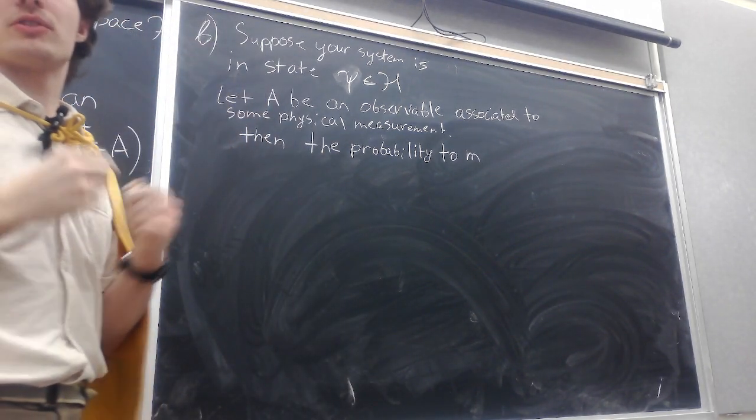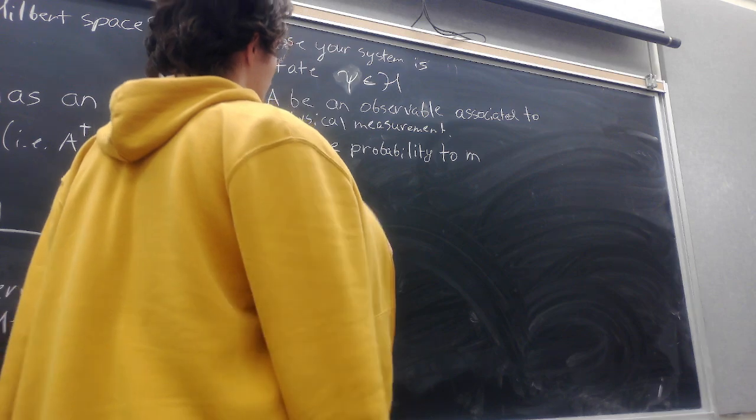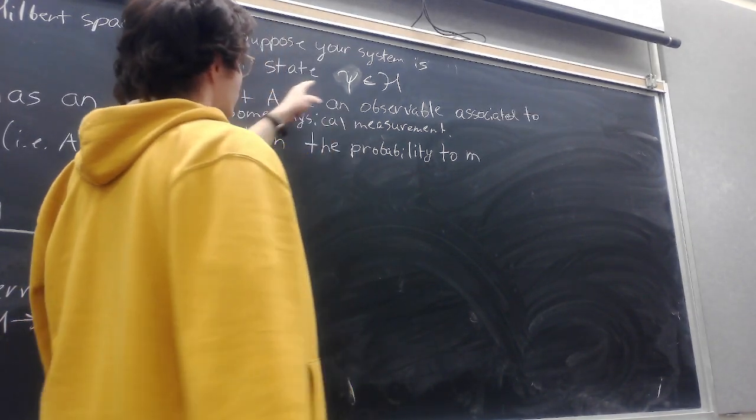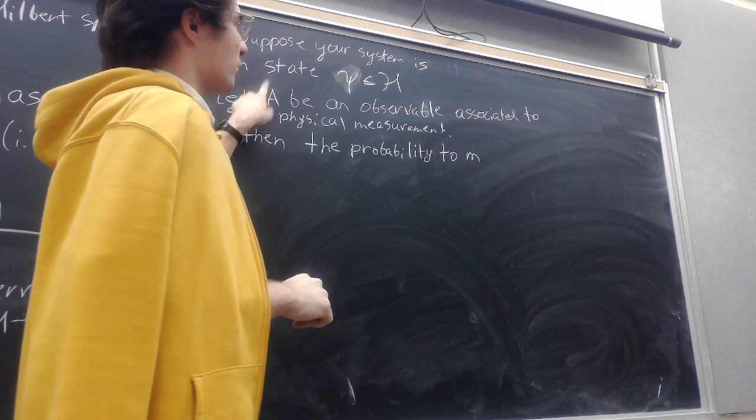I'm just not writing the bra and ket. So suppose our system is in a state psi. Suppose we know what this is, and A is an observable associated to some measurement.